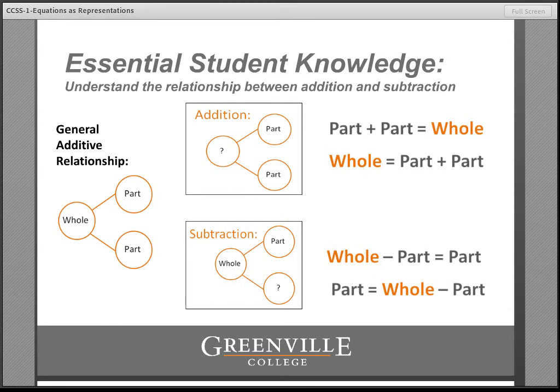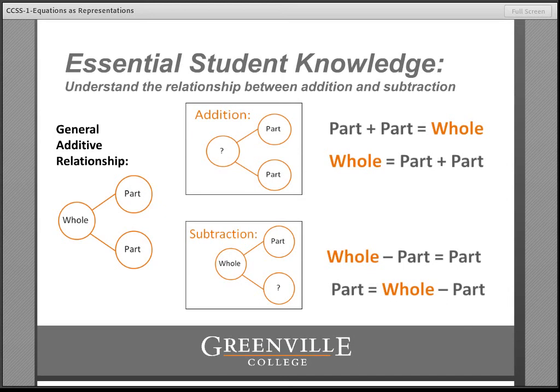Likewise, they can come to see that for all the different kinds of problem types where they ended up subtracting, they essentially ended up with a number bond where they knew the whole amount and one of the parts, but they didn't know the other part. This is so essential. Through classifying many different examples ending up with the same structure, they can begin to see what the underlying meaning is of addition and subtraction and how they're related to one another.